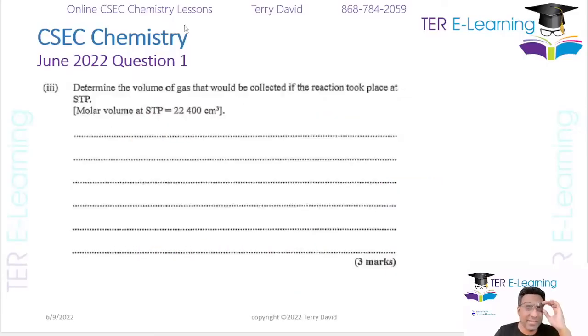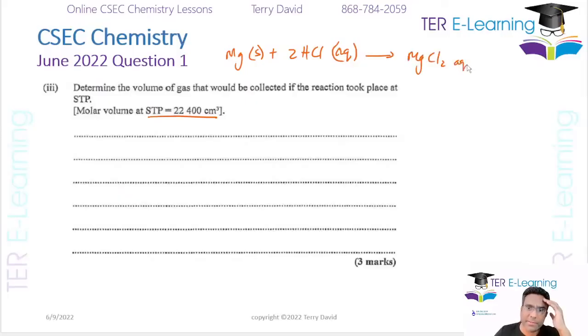All right. Now determine the volume of gas that would be collected if the reaction took place at STP. So that's standard temperature and pressure, and they're telling me it's 22,400 cm3. Now the chemical reaction that we had there was Mg solid plus 2HCl aqueous produces MgCl2 aqueous plus H2 gas.